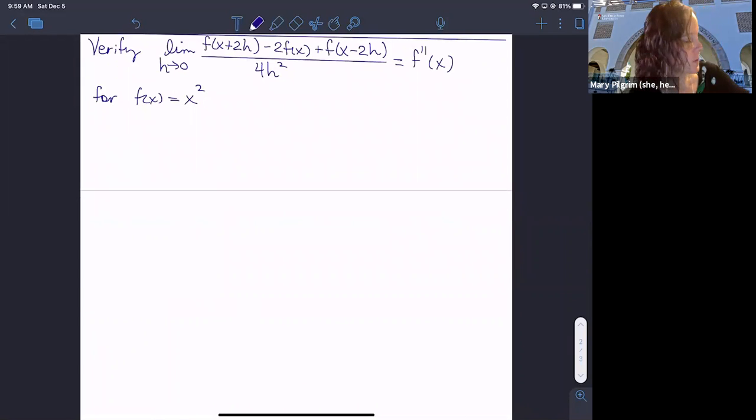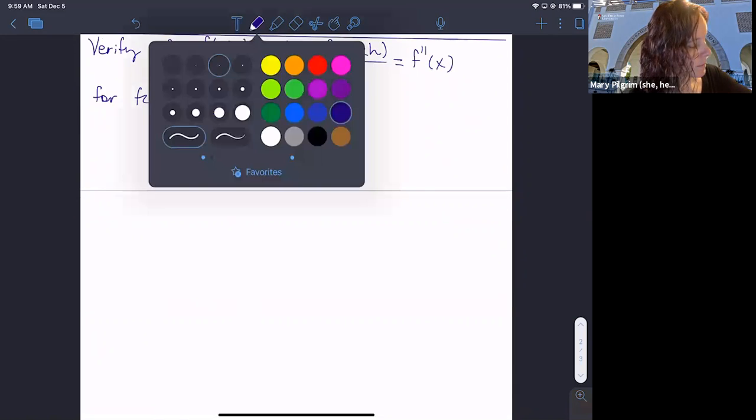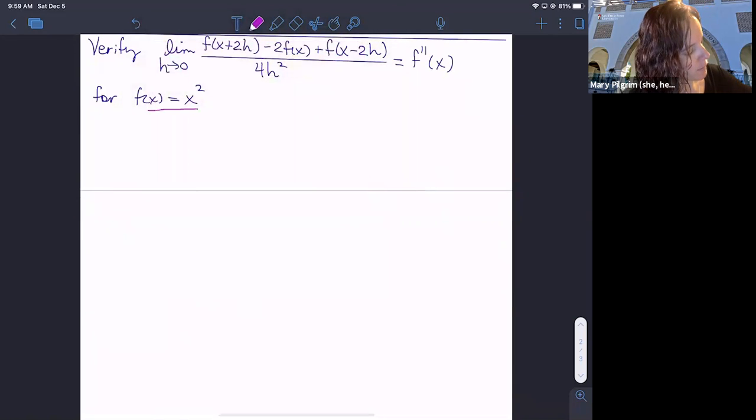Okay, so notice that if I've got f of x equal to x squared, f prime of x is going to be 2x, and f double prime of x is going to be 2.